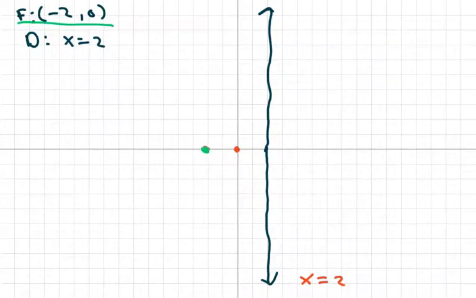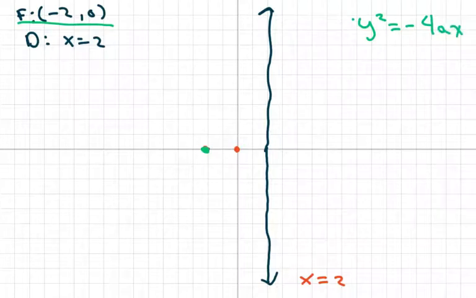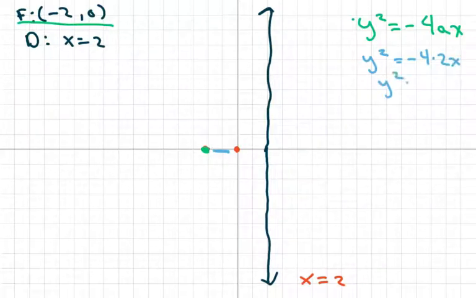Therefore our equation is going to be, and I'll write it over here, y squared, since it opens to the left, it's going to be -4ax. We also know that our a is 2 because we went over 2 here. So we get y squared equals -4 times 2x, which is y squared equals -8x.